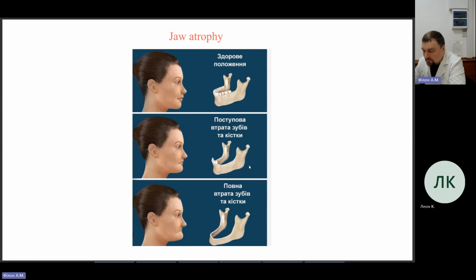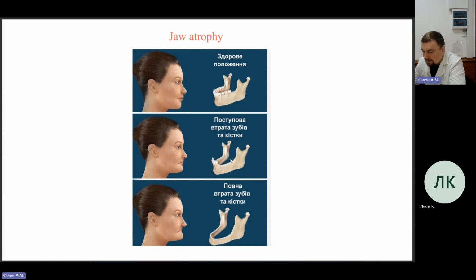The second picture. I want to apologize for these few Ukrainian words, I'm going to explain. This is the normal condition. Then losing half of the teeth and level of the bone, and then loss of all teeth and bone level. How is it working?